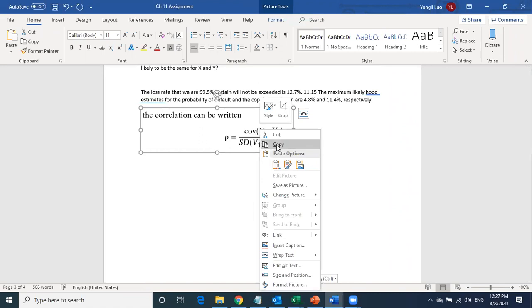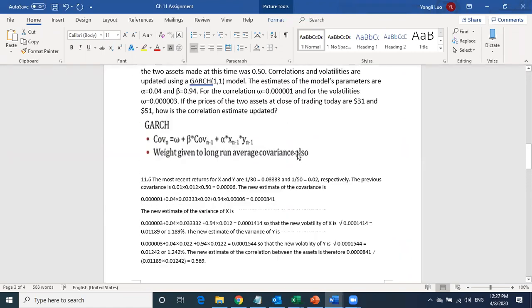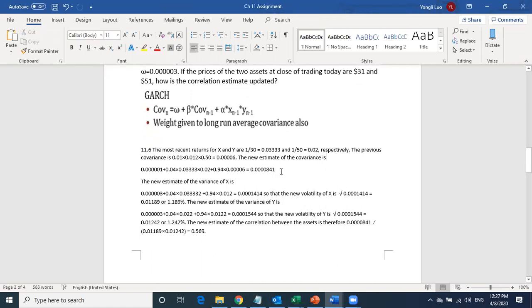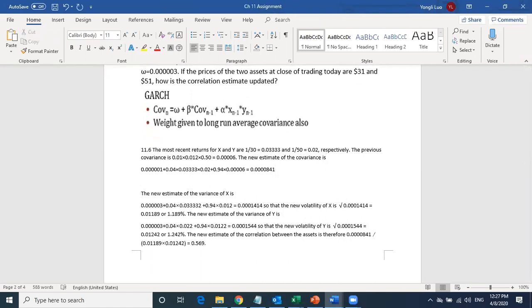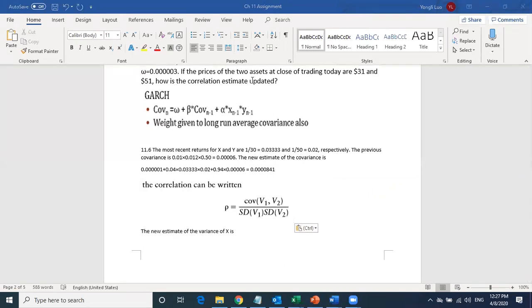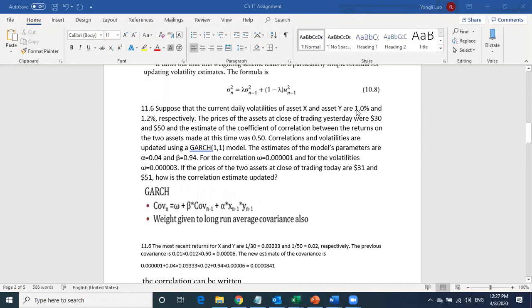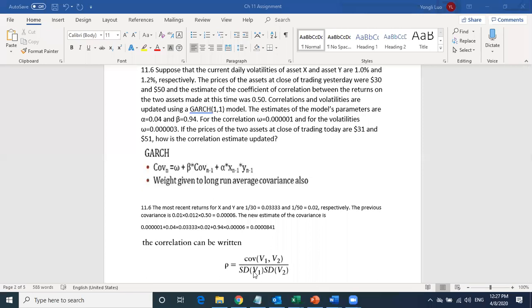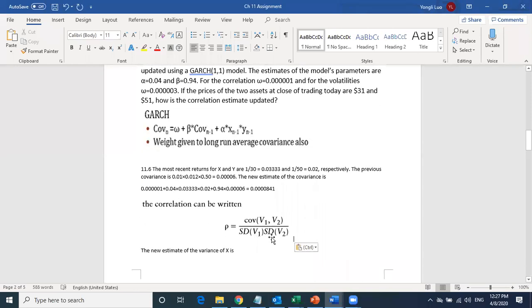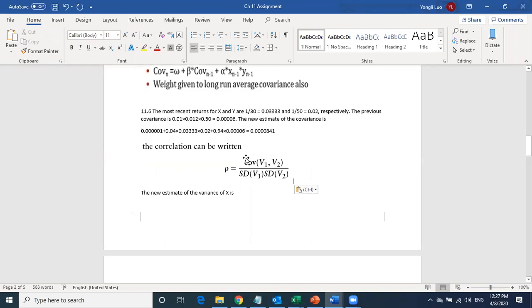So you see this is 1% and this is 1.2%. You multiply 1%, 1.2%, and then the correlation, and you will get the current covariance.